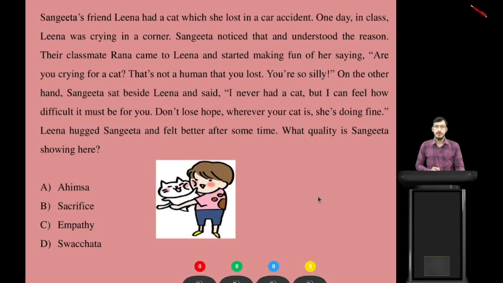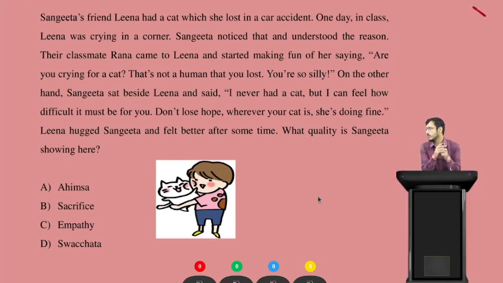Okay students, it's a value based question. So Sangeeta's friend Leena had a cat which she lost in a car accident. One day in class, Leena was crying in a corner. So Sangeeta noticed that and understood the reason. So their classmate Rana came to Leena and started making fun of her, saying, "Are you crying for a cat? That's not a human that you lost.